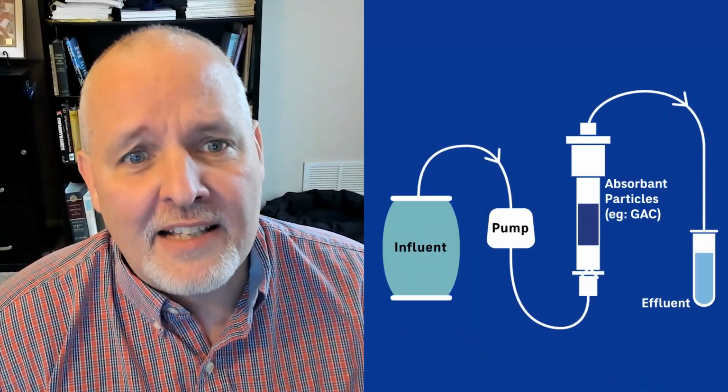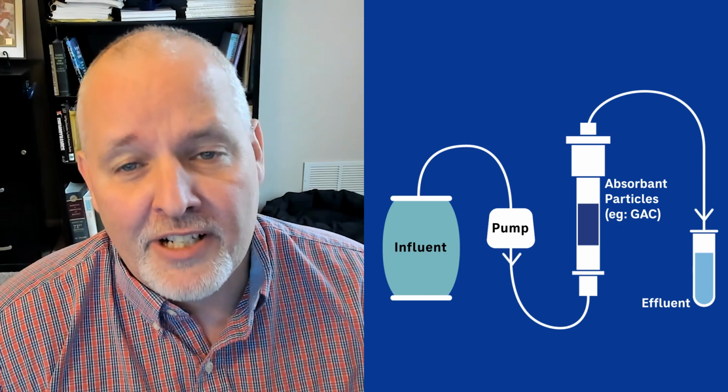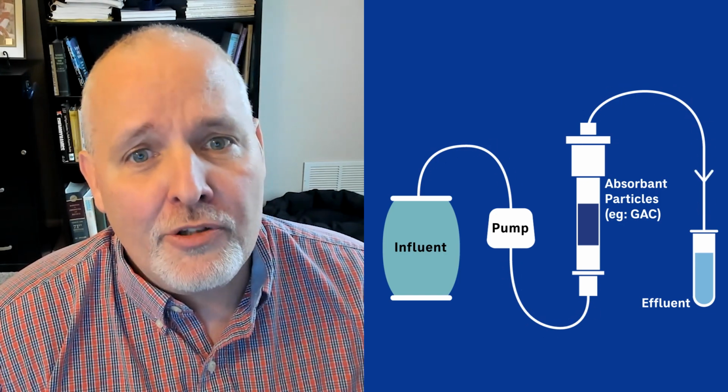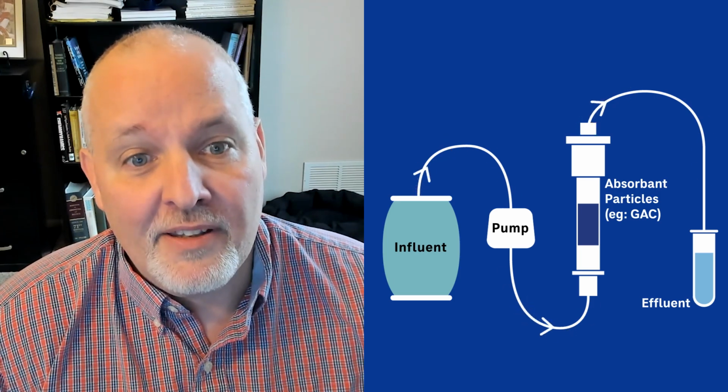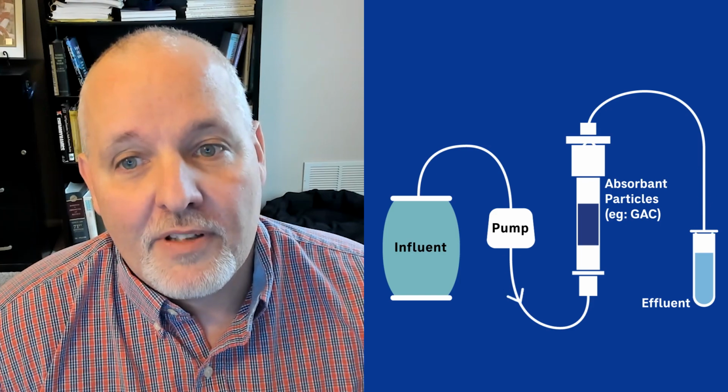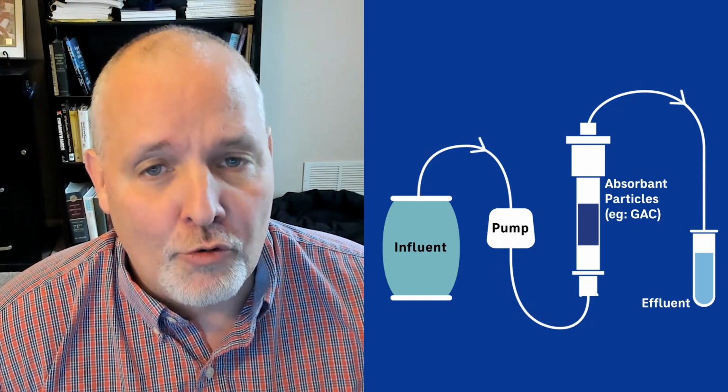Sure. I'll start with a little bit of history. These rapid small-scale column tests have been around for decades, and they're basically a way of grinding the sorbent particles down, and traditionally that's been granular activated carbon, or GAC. It allows you to pass the water volume through the media that might take a year or two at a normal scale.